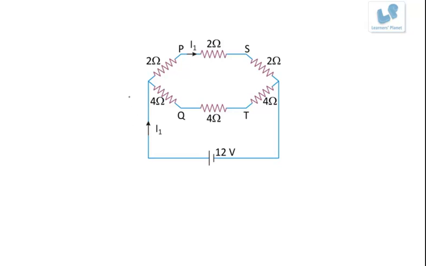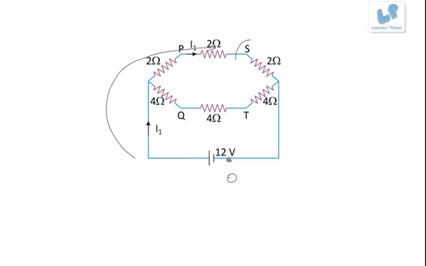Okay, now let us say we take the potential of this point, the negative terminal, as 0, and then we traverse from this point up to S in this fashion.